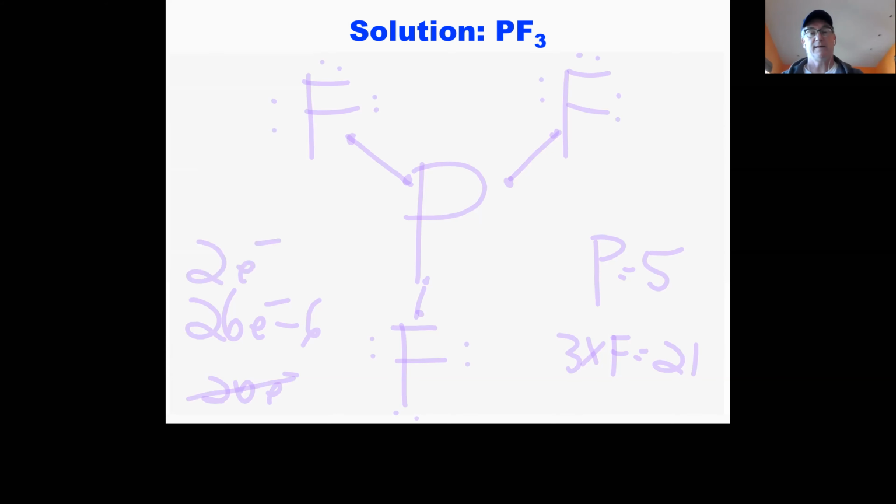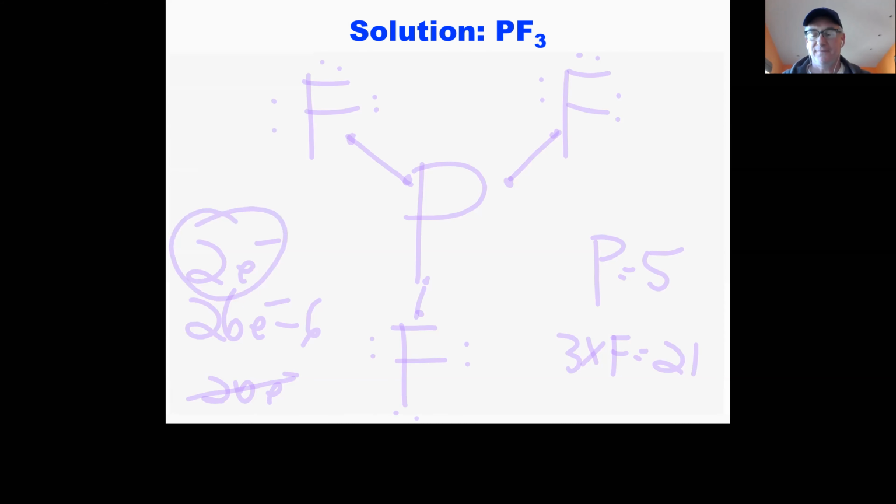Where do they go? I got 2 electrons left. Where do I put them? Where do I put the lone pair?